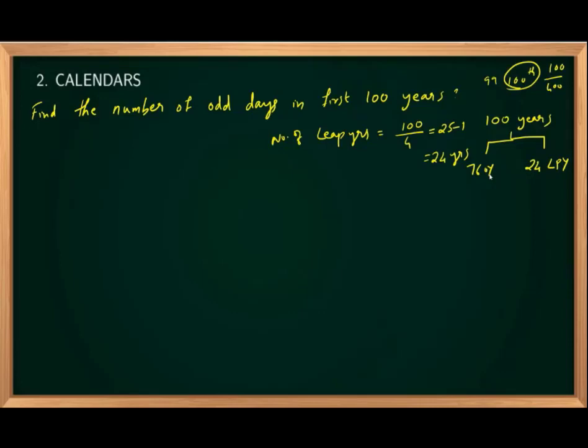That means odd days can be 0, 1, 2, 3, 4, 5 and 6.